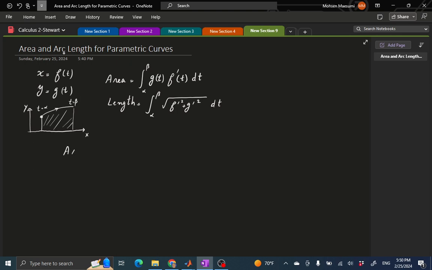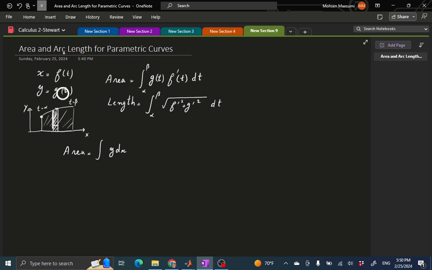Well, area, we remember from calculus, was the integral of y dx. The y represented the height and dx represented the thickness of this ribbon, and y dx was the area from the starting point to the ending point.